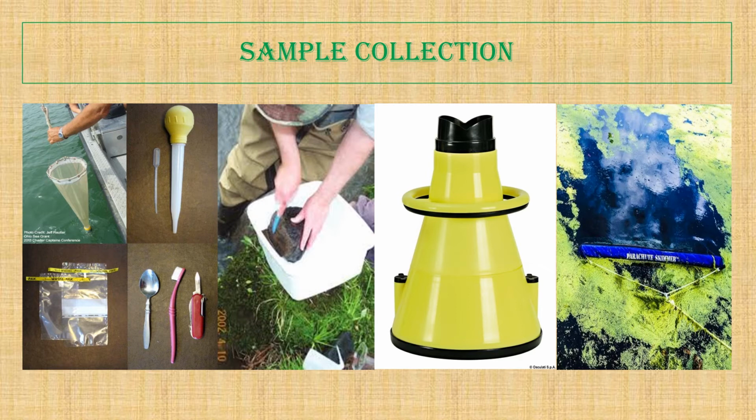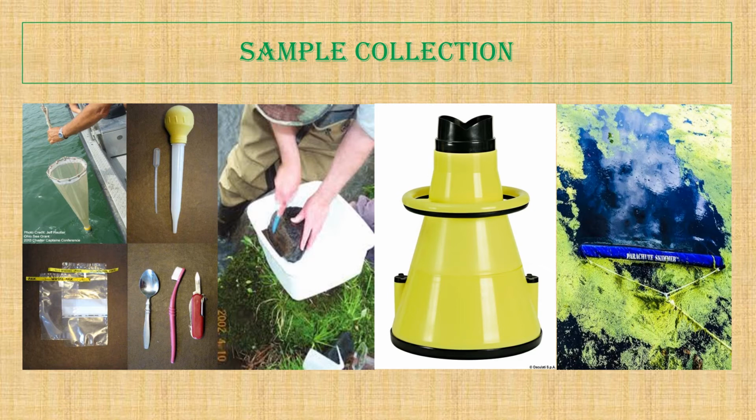After collection, the algae can be preserved in alcohol or Lugol's solution. But while collecting algae, we should also follow some rules. It should not be collected from very near the bank.